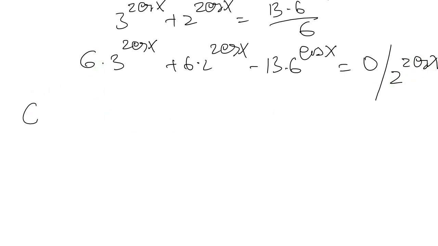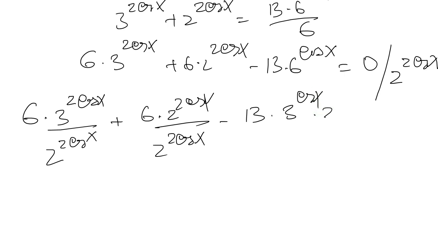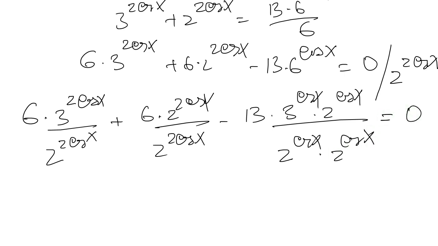So I'm going to have 6 times 3 to the power of 2 cos of x divided by 2 to the 2 cos of x, plus 6 times 2 to the 2 cos of x divided by 2 to the 2 cos of x, minus 13 times 6 to the cos of x, which is 3 to the cos of x times 2 to the cos of x, divided by 2 to the power of cos of x times 2 to the power of cos of x, and this is 0.